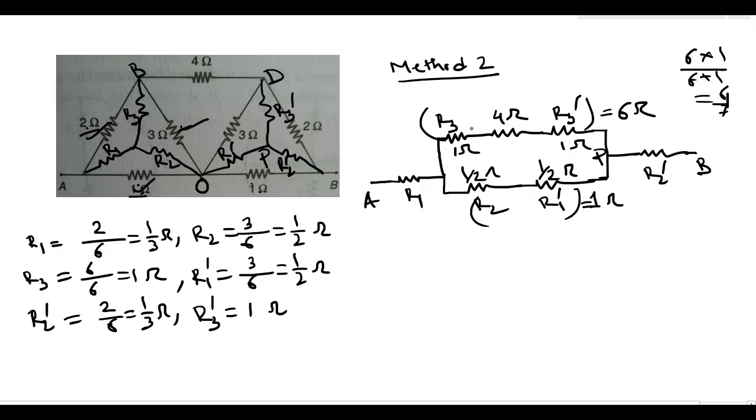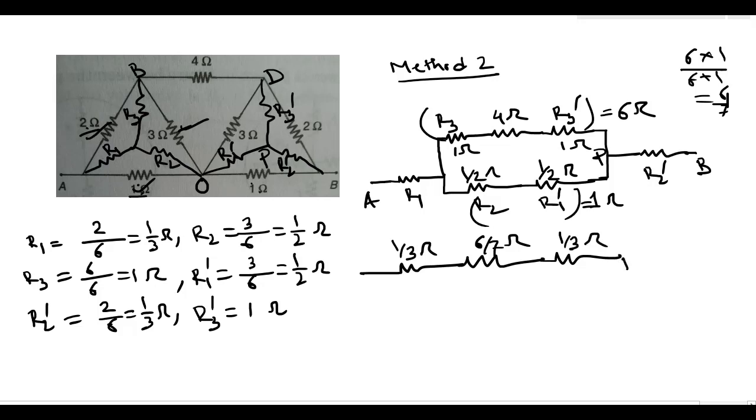So the equivalent, we can draw this. There is R1, that is 1 by 3 ohm, and the equivalent of this network is 6 by 7 ohm, and then R2 prime, and R2 prime is 1 by 3 ohm.